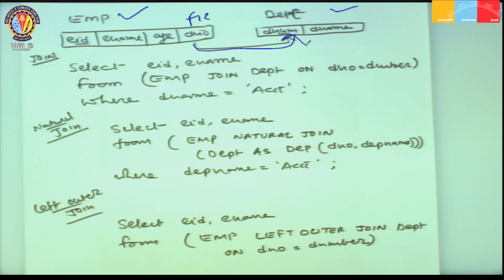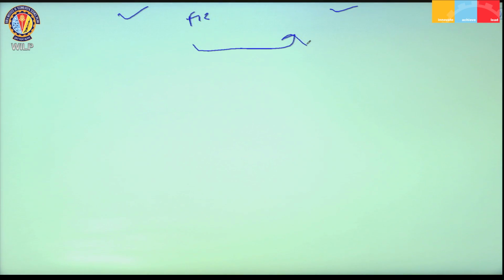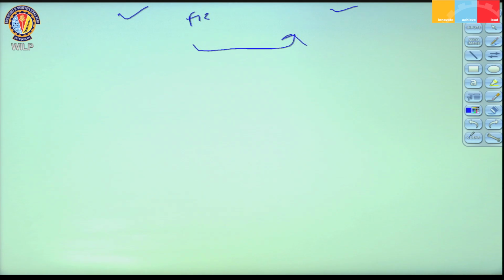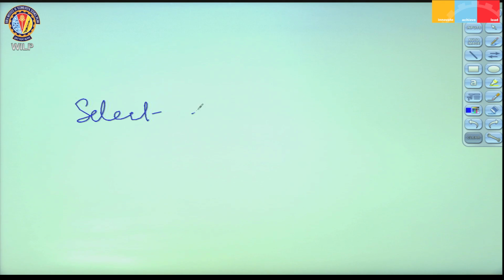Now I need to figure out the employee's ID and name for those who are working with the department accounts. In the normal case, if I am going to specify that join condition in the where clause, I can write it like this: select EID, ename from, how many tables do I need to access?